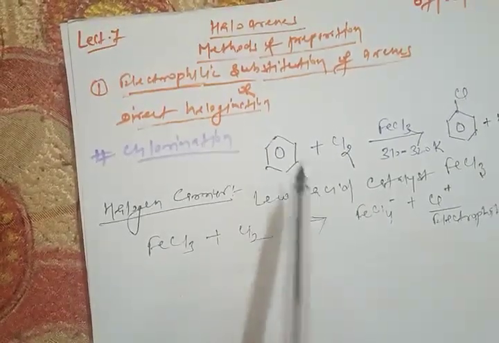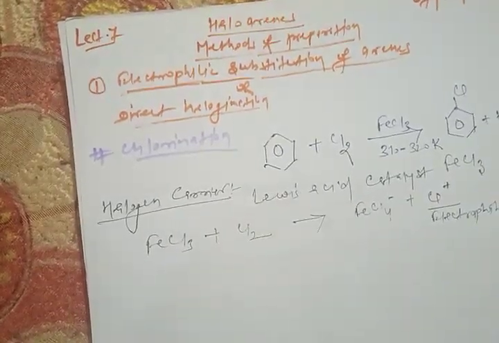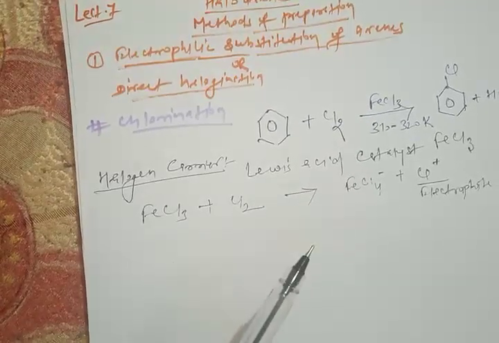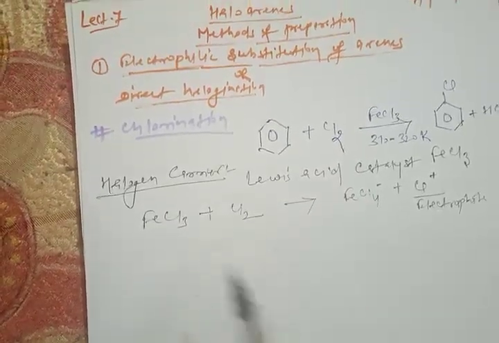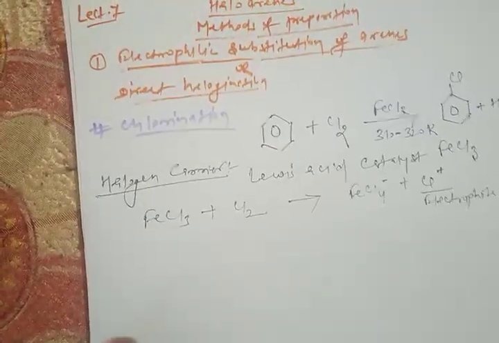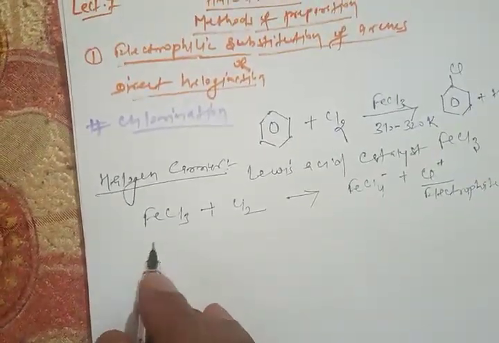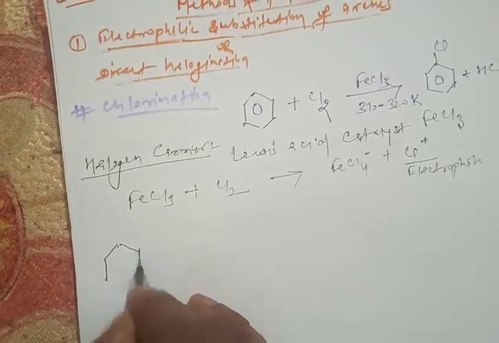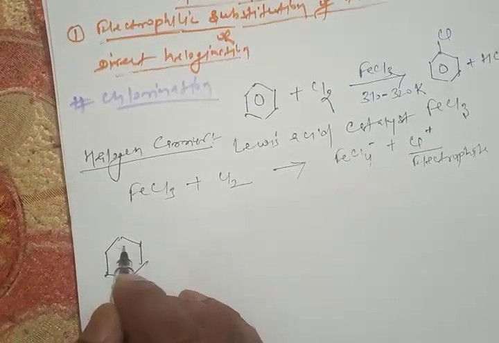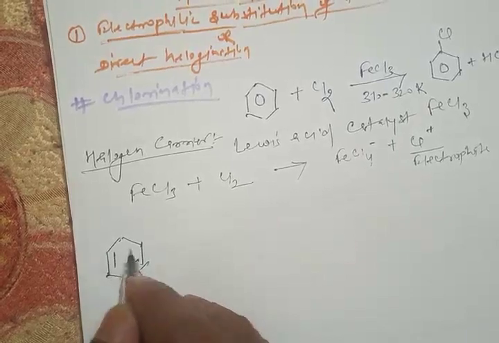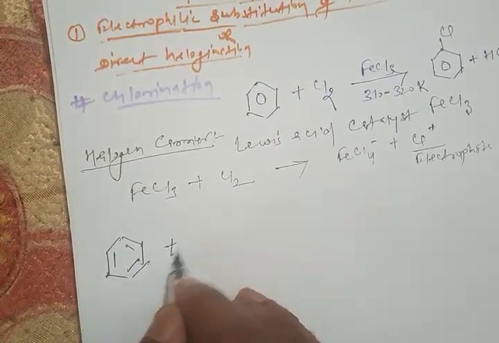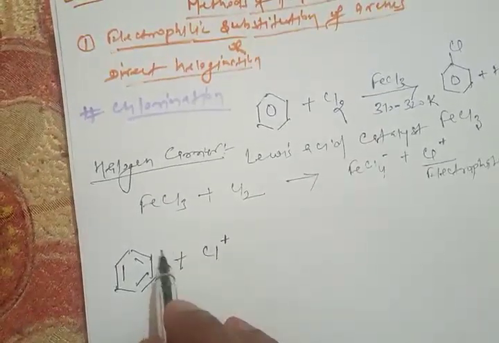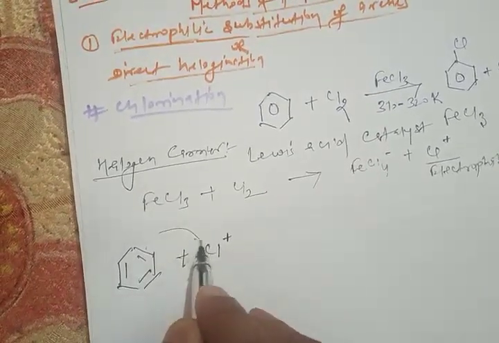We have three pi bonds, so there is a resonance established. If you go for the further reaction, we have the benzene ring, and then the attack of the electrophile Cl plus. This pi electron cloud will go to this side.